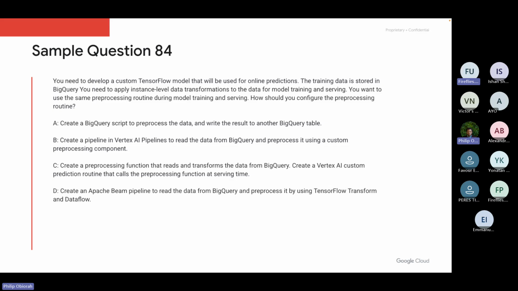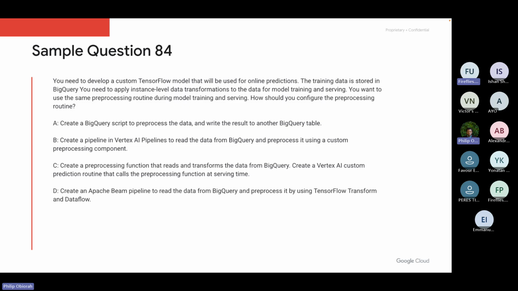But it's risky. Because now you have two code bases to maintain. You have your SQL or Pandas code for training, and then you have your Python for serving. Keeping them perfectly synchronized manually is risky, because you have two code bases here.